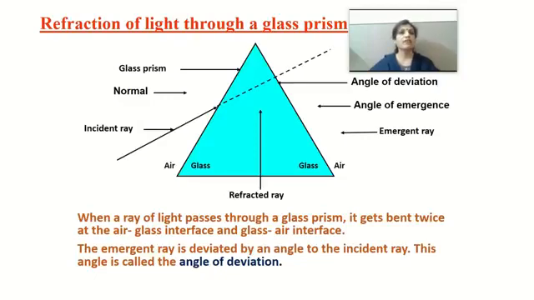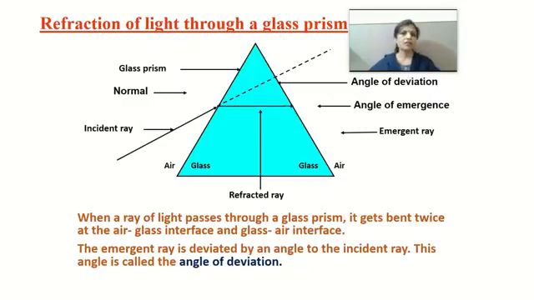But because we have kept the prism, the light will change its direction, because now the light will travel from the air medium to the glass medium. And we know that when light travels from one medium to another medium, it changes its direction. So in the glass, the ray of light will travel in this manner.